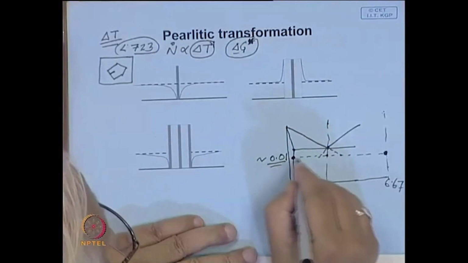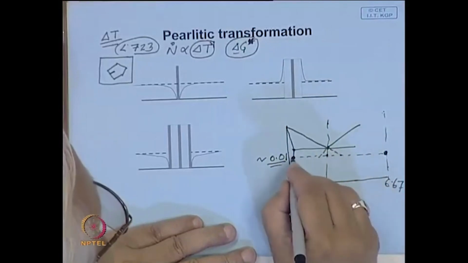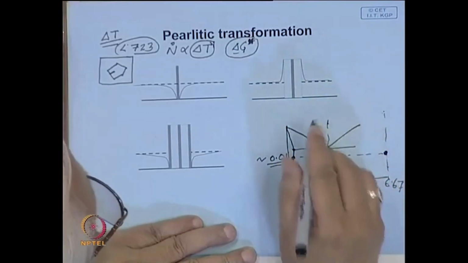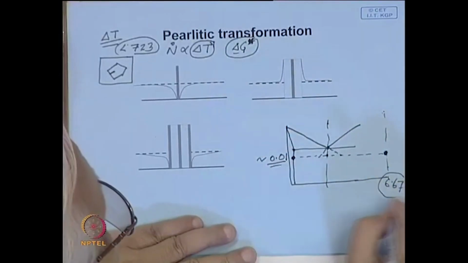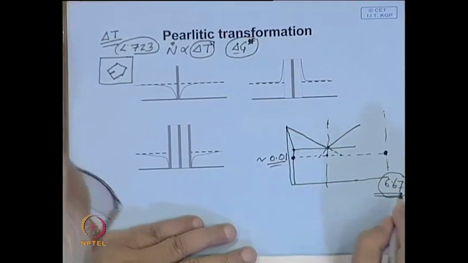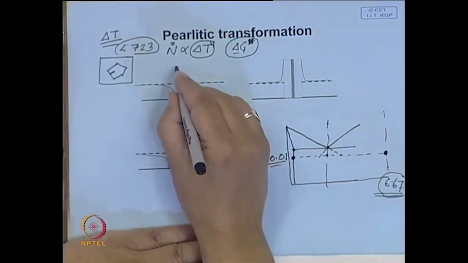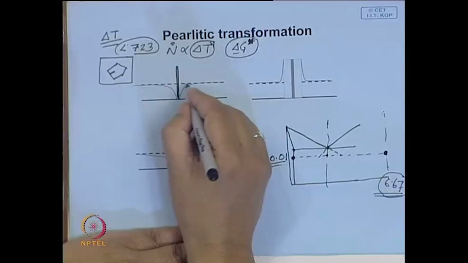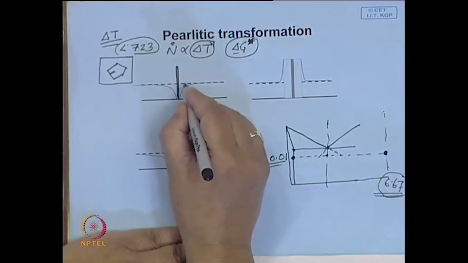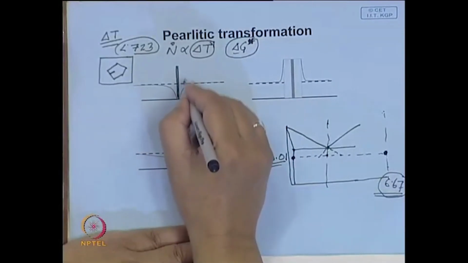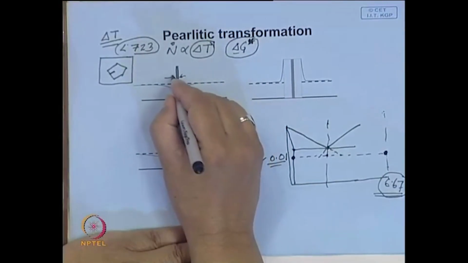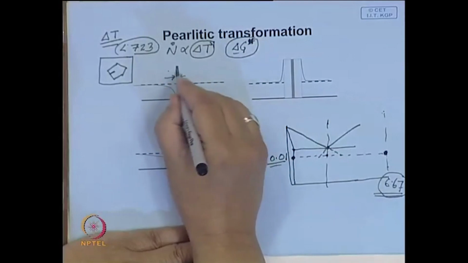So, what happens when cementite nucleates? For cementite to form you need so much carbon content. If a cementite plate forms, imagine it will capture all the carbon atoms from the nearby region, all carbon atoms from the neighboring region go here to form this cementite.